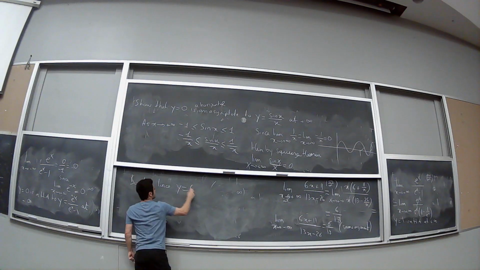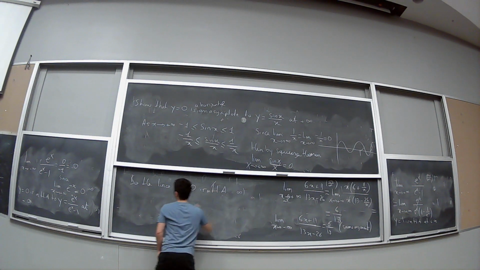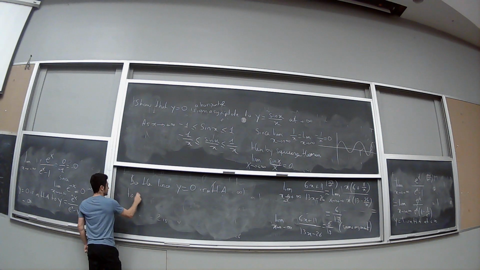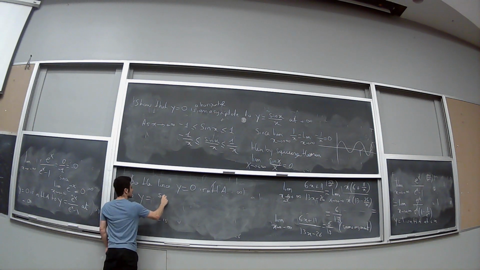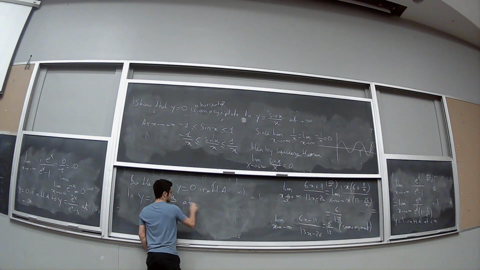So the line y is equal to 0 is a horizontal asymptote to y is equal to sin x over x at plus infinity.